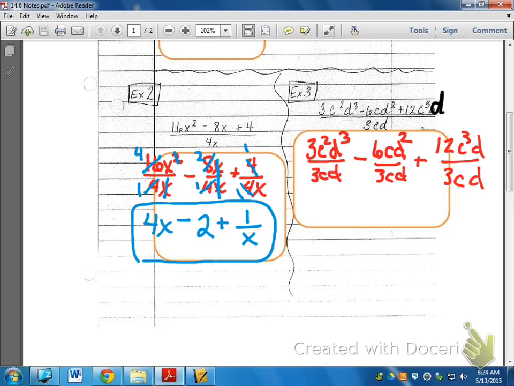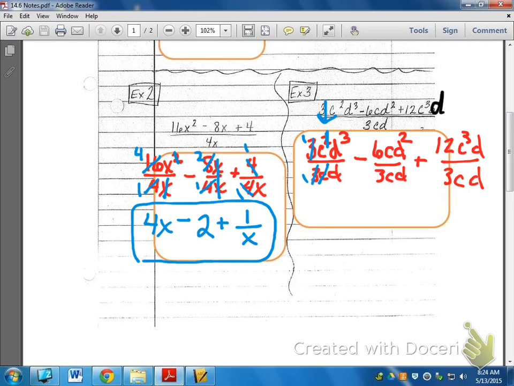Then you go to each set and you cancel out anything that's common from top to bottom. So let's start with this first term. I have a 3 on the top and a 3 on the bottom. Well, those just cancel out and become 1's. I have 2 c's on the top and 1 c on the bottom. How many can I cancel out? 1. So this one's gone completely, and the c squared becomes c to the first.